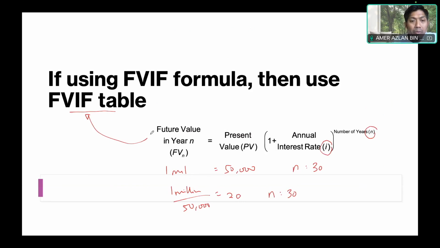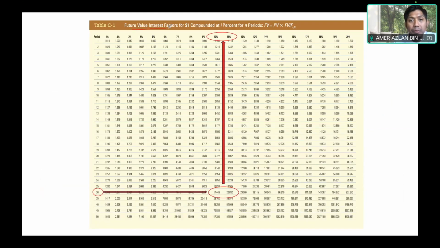So if you refer to the future value formula table, this one, we have the period or the N 30 and we calculated the figure just now, 20. We don't know the percentage yet. So we go to the period here and we look at N 30.